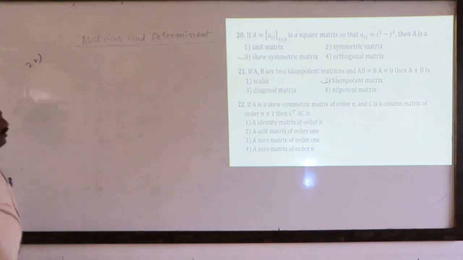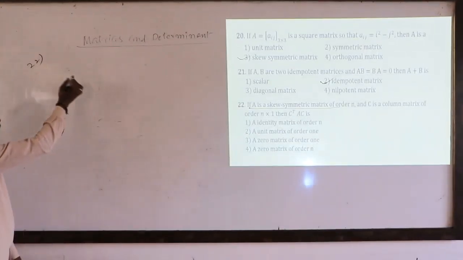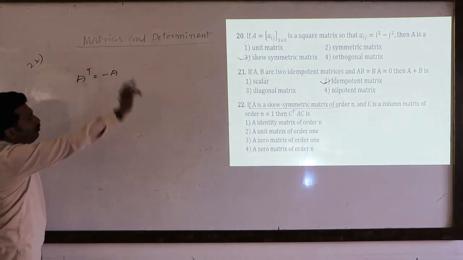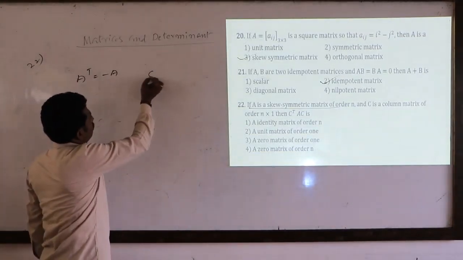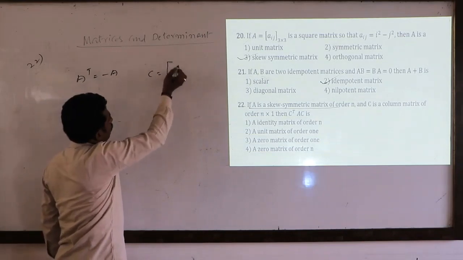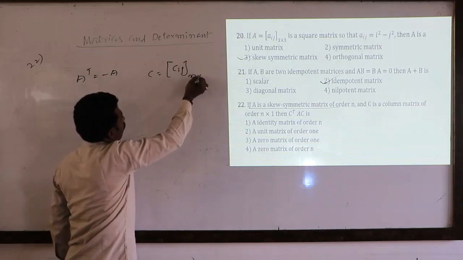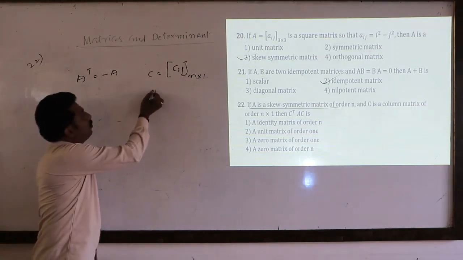First we will see the given data. A is a skew symmetric matrix means A transpose equal to minus A. C is a column matrix whose elements are Cij of order n by 1. What is C transpose?